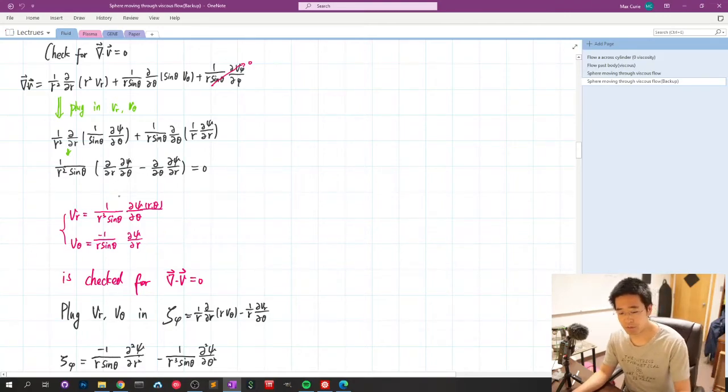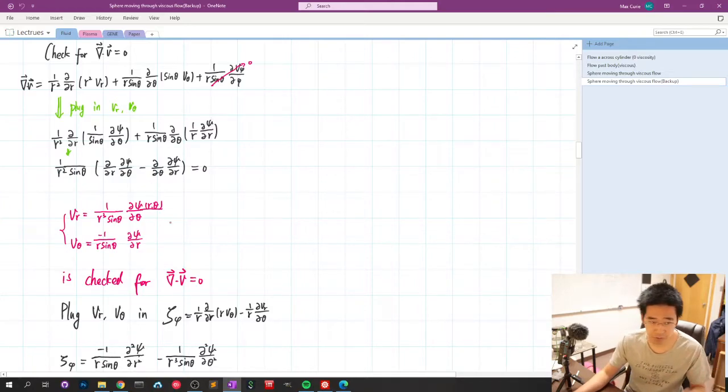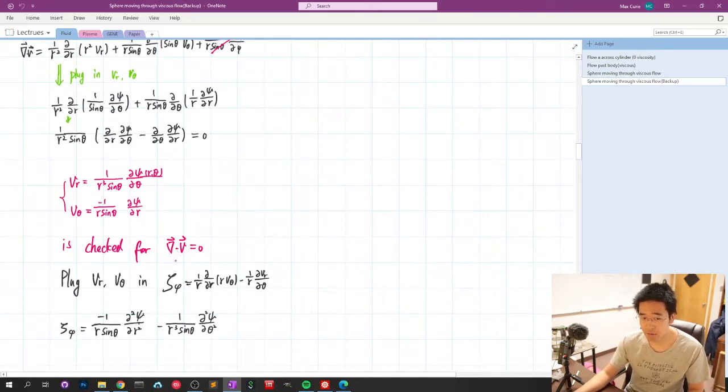We're not dealing with some funky phi function, so this equals this. It doesn't matter if you take the r derivative or the theta derivative. So this equals this, and when subtracted it becomes 0. Then we have met incompressibility.